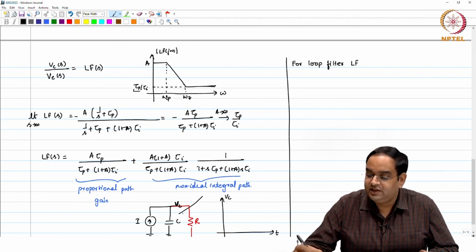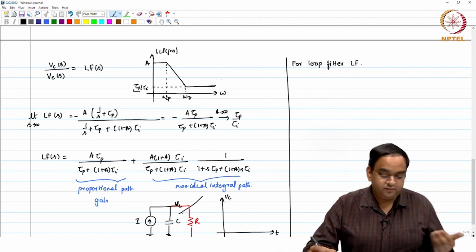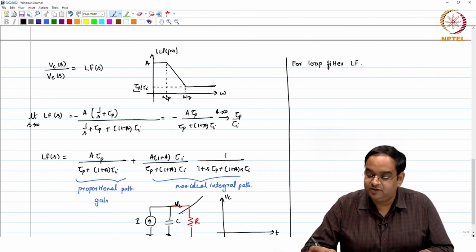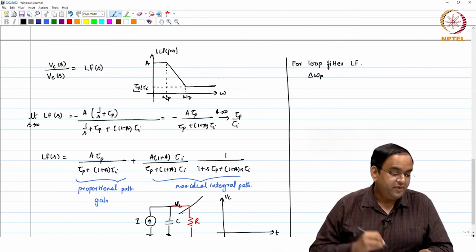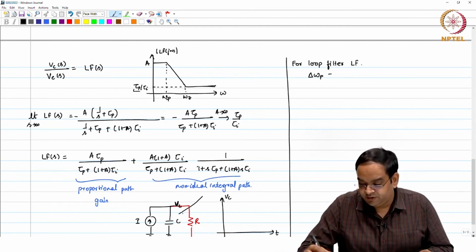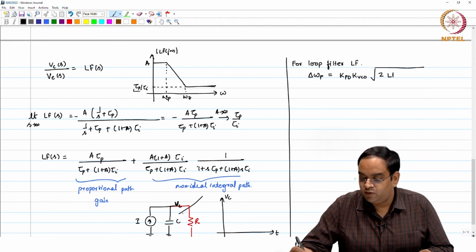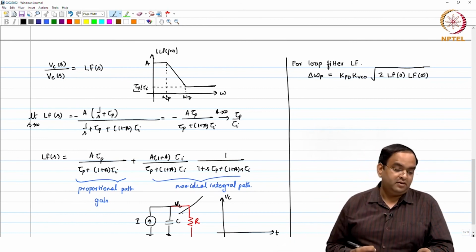For loop filters L of f in general, we have to understand how this pull-in range is defined. Under many approximations, the pull-in range happens to be K_PD times K_VCO into the square root of 2 times the loop filter at 0 times the loop filter value at infinity.